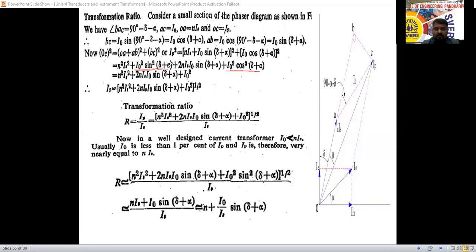I naught square sine square delta plus alpha plus I naught square cos square delta plus alpha. We can take I naught square outside. So what is the left term here? Sine square delta plus alpha plus cos square delta plus alpha is nothing but sine square theta plus cos square theta. What is the answer?